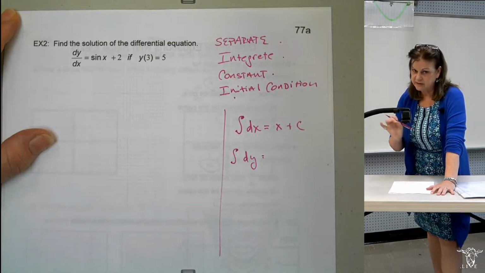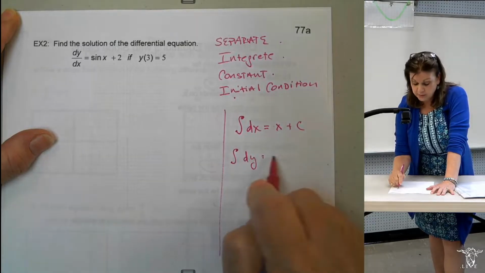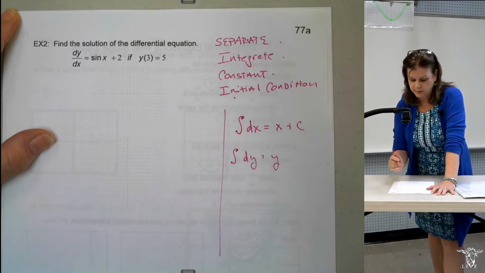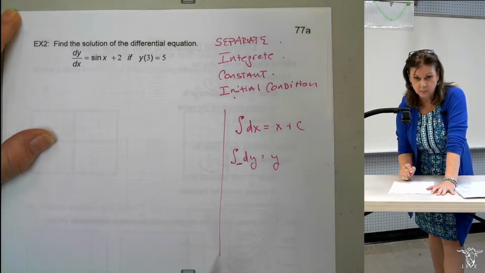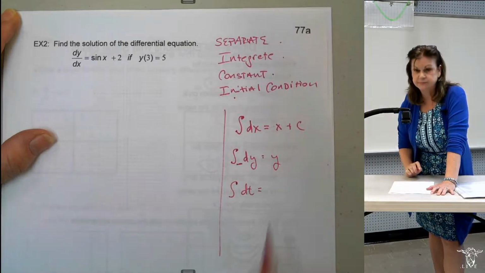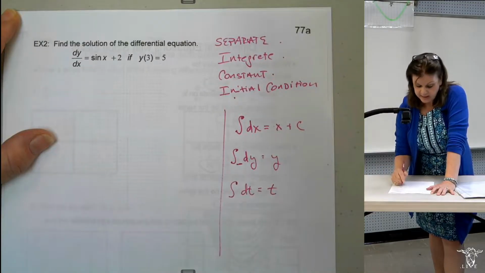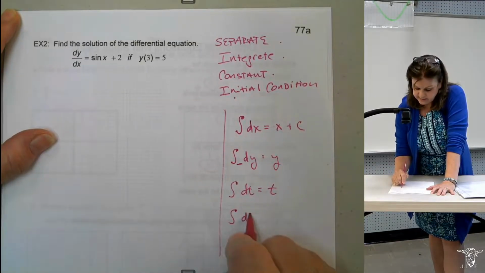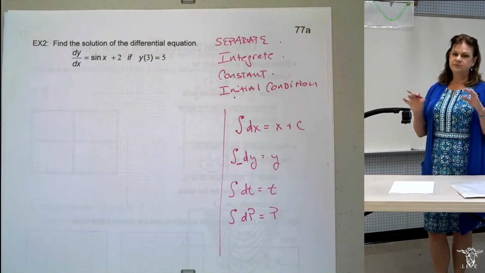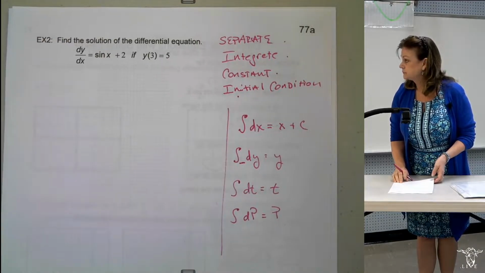Now, again, you just have the 1 there, but now you're integrating with respect to y. So your answer will be, of course, y. The derivative of y is 1, and that's what you're integrating, that unwritten 1 right here. If we're integrating dt, then we have t. And if you're integrating dp, of course, you're integrating for the variable p. Put that aside because you're going to need to rely on that as we move on.